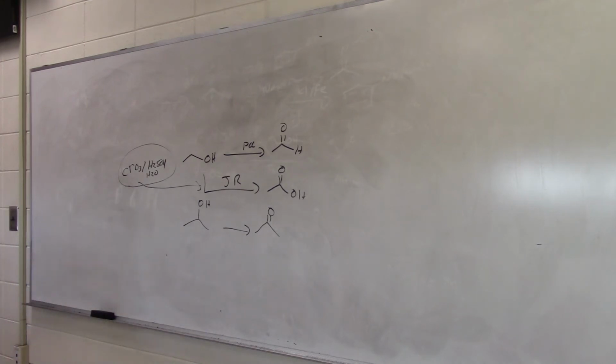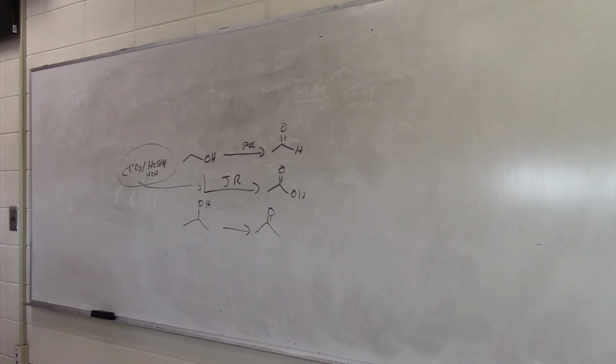PCC is pyridinium chlorochromate, and there's no acid or water around. So primary alcohols are oxidized to aldehydes with PCC, but to carboxylic acids with Jones reagent. That's correct.